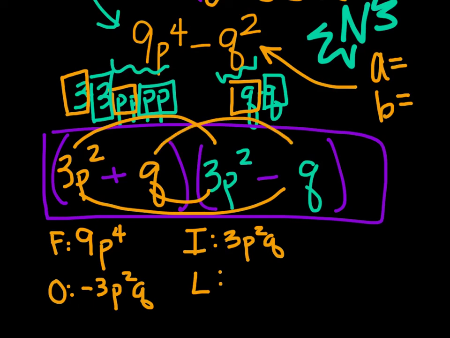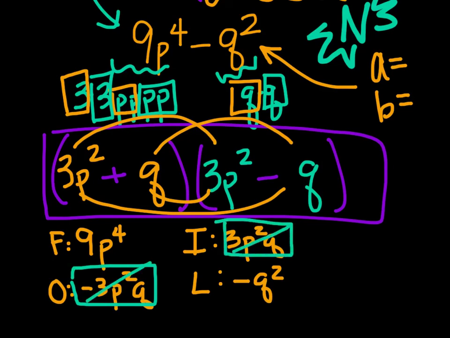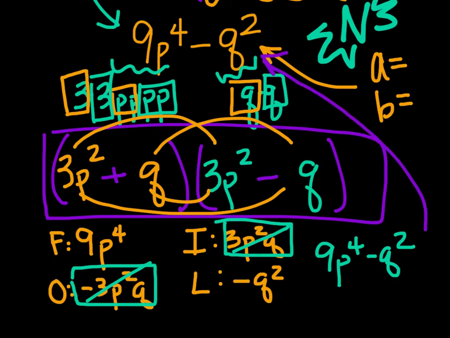And q times a negative q equals negative q squared. So if I were to put these all together, I could see that negative 3p squared q plus 3p squared q, those are going to cancel out, and I'll end up with 9p to the 4th minus q squared. That is exactly like my original problem.